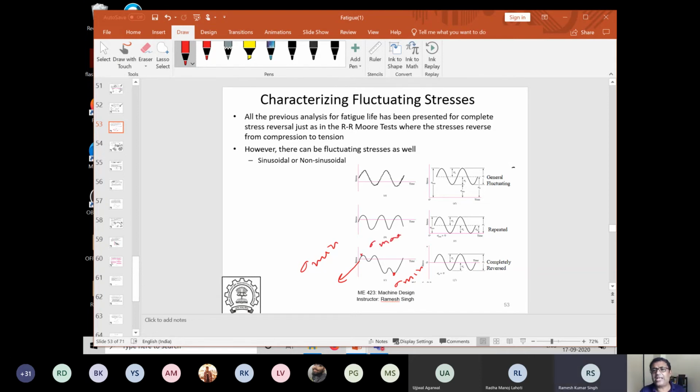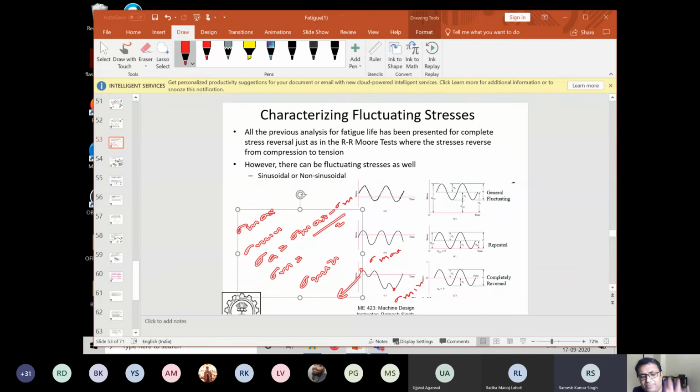For any random signal, I can identify sigma maxes and sigma mins. So I can find out sigma A is equal to sigma max minus sigma min by 2, and sigma m is the mean. So I basically need to know how to quantify any random signal. So for this kind of signal, the worst case condition is this alternating and this mid range.